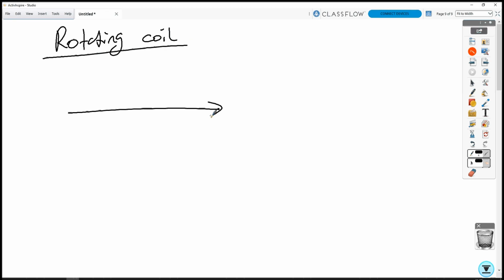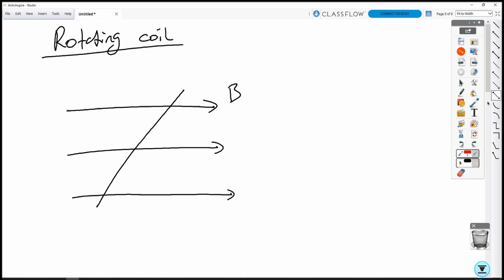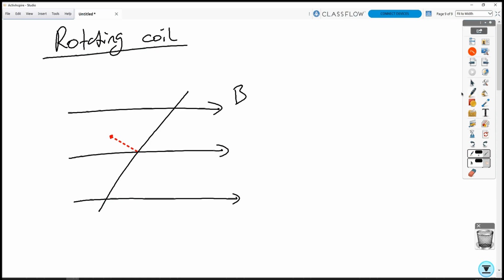So I'll draw some field lines, and I will draw some coil which is at some angle, and I will also draw its indicator, which has some angle theta.